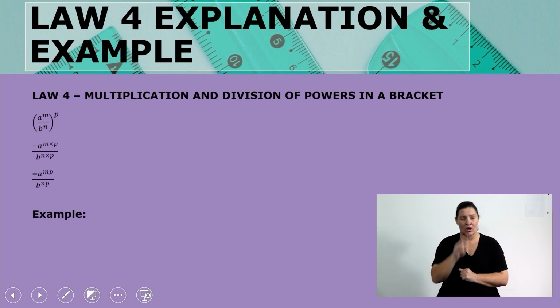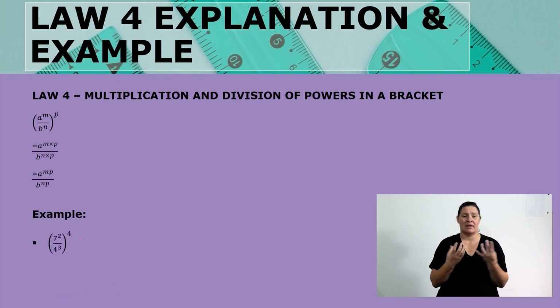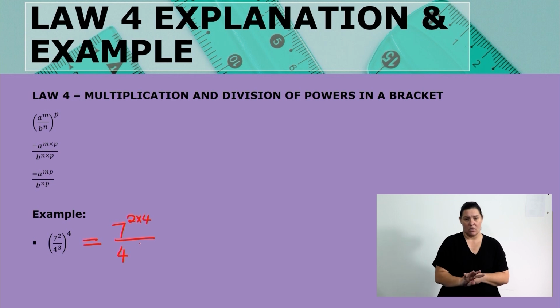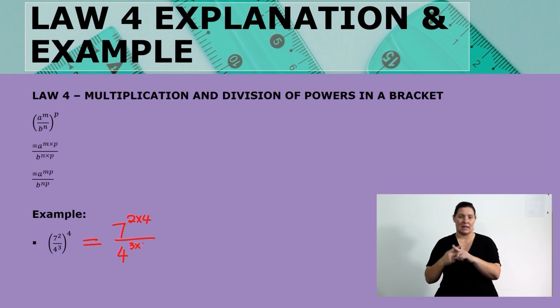Let's look at an example where we have numbers. So I have 7 squared divided by 4 cubed, and this quotient is raised to the exponent 4. This means that it's going to be 7 to the exponent 2 times 4 divided by 4 to the exponent 3 times 4. And that is going to give us an answer of 7 to the exponent 8 divided by 4 to the exponent 12.